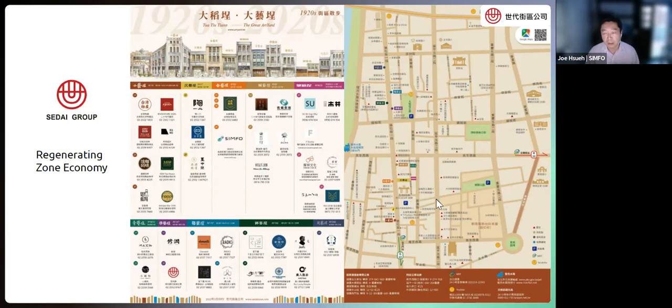So now it's the hippest area in Taipei, the favorite tourist area for Japanese when they come to Taiwan. So in a way, it's a small place-based system change, but the same model can be replicated into other districts. And so SIMFO in this case is both an investor of theirs, and we also located, I'm sitting right here, somewhere here.